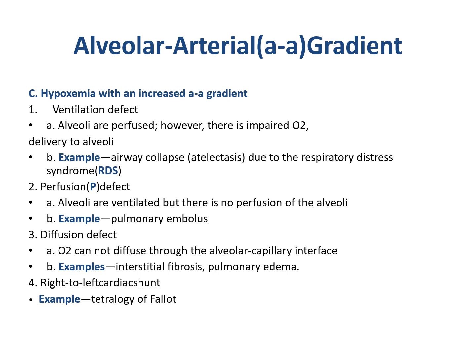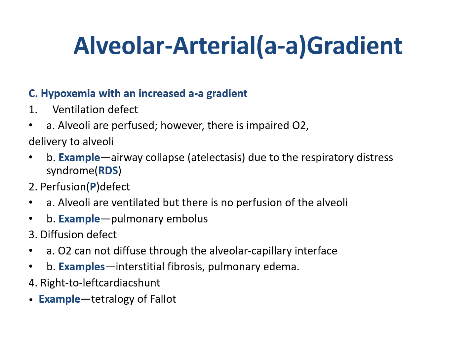Hypoxemia with an increased AA gradient is a ventilation defect. Alveoli are perfused, however, there is impaired O2 delivery to alveoli. Example, airway collapse, atelectasis due to respiratory distress syndrome. Perfusion defect can cause these changes in gradient.